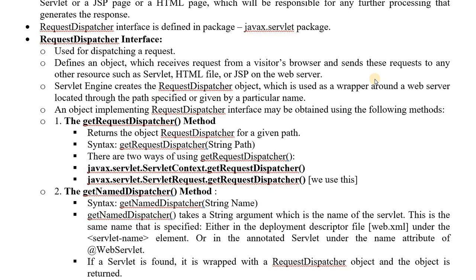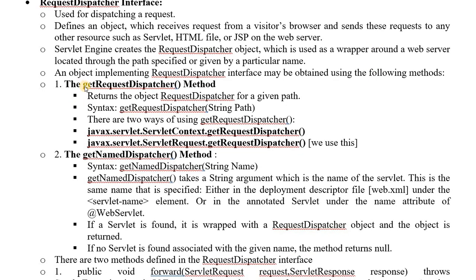Now, whenever a request dispatcher object is created, the first question you need to answer is, how do I create it? There are multiple methods for creating it. The very first method is getRequestDispatcher. This method can be called in two ways: using servlet context and using servlet request. In practical, we have used servlet request.